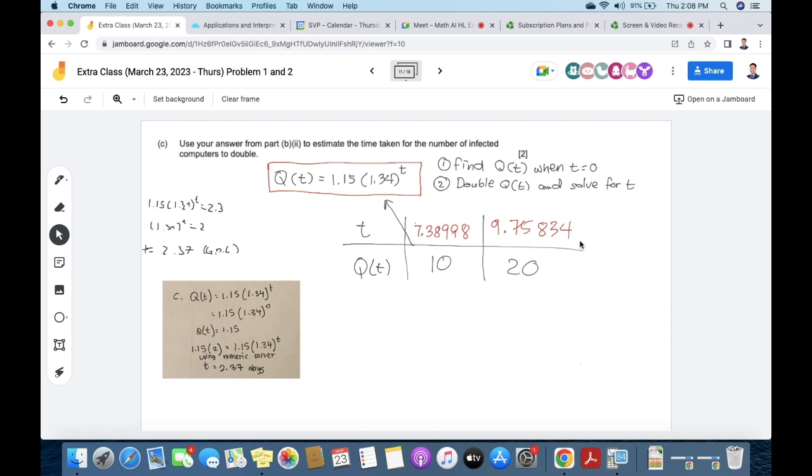So how long does it take for this to be achieved? Given that for 10, it takes 7.3839 days, and then for 20, 9.76 days. Can you use your calculator, please, and compute for the difference in the time?